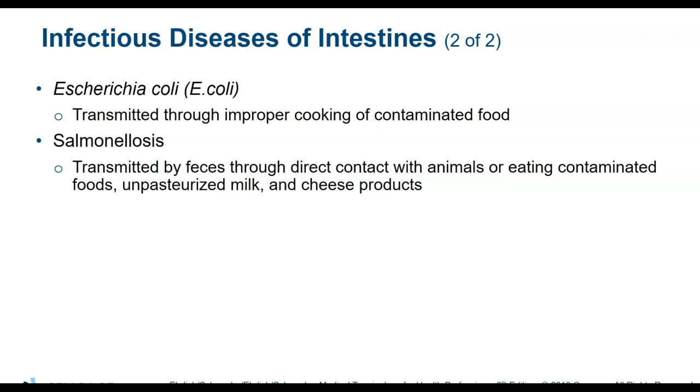If we eat food that has E. coli in it and we haven't cooked it to kill it, we can get E. coli in the stomach or the upper GI system, and that is going to be terribly problematic. Salmonella is spread through direct contact, such as eating contaminated food, unpasteurized milk, cheese products, those types of things.